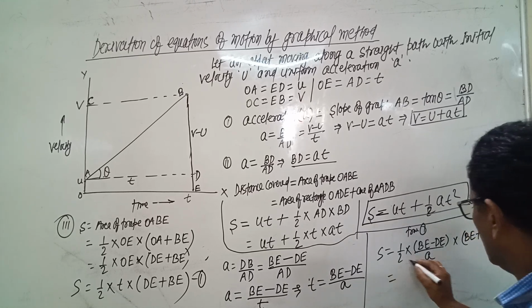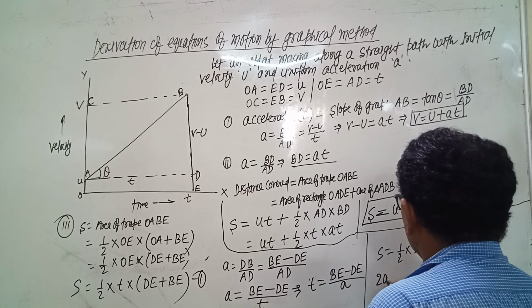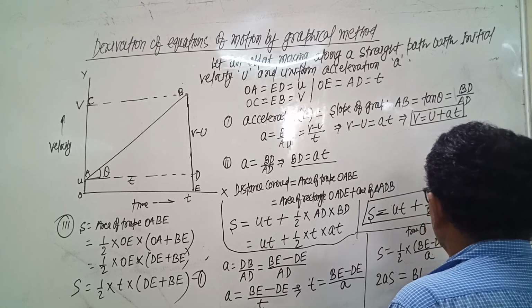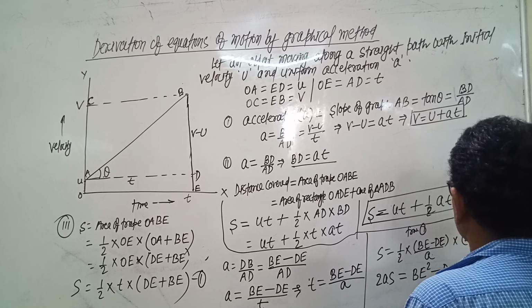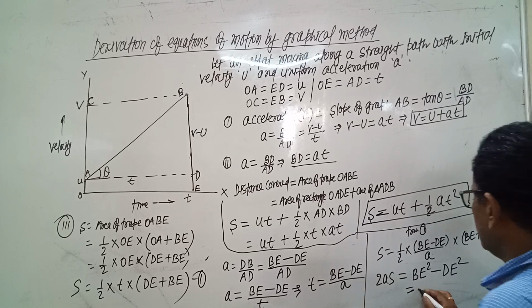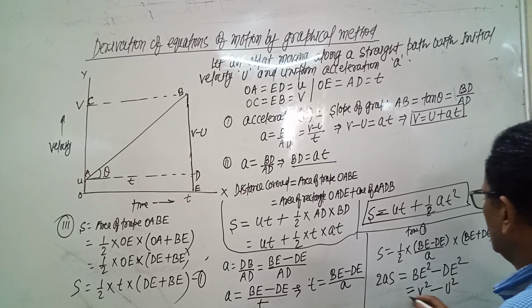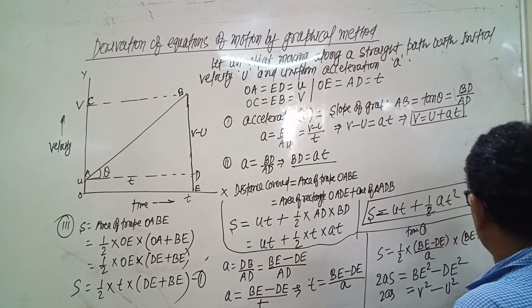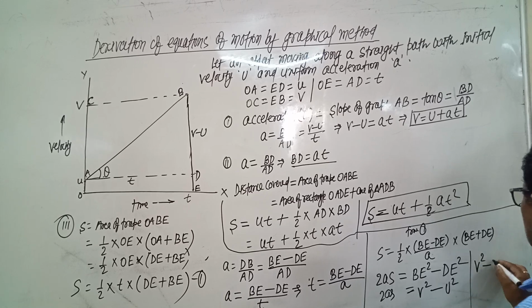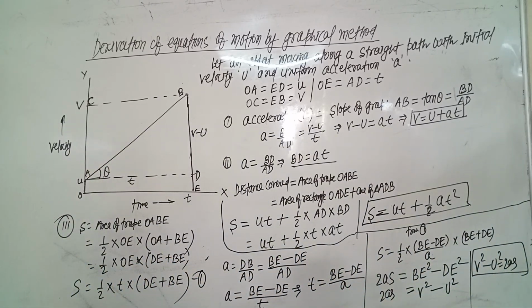Now by cross multiplication 2A, it becomes 2AS equals BE square minus DE square, and BE is given by V square and DE is given by U square. So we get the third equation: V square minus U square equals 2AS. So this is the third equation of motion for uniformly accelerated motion.